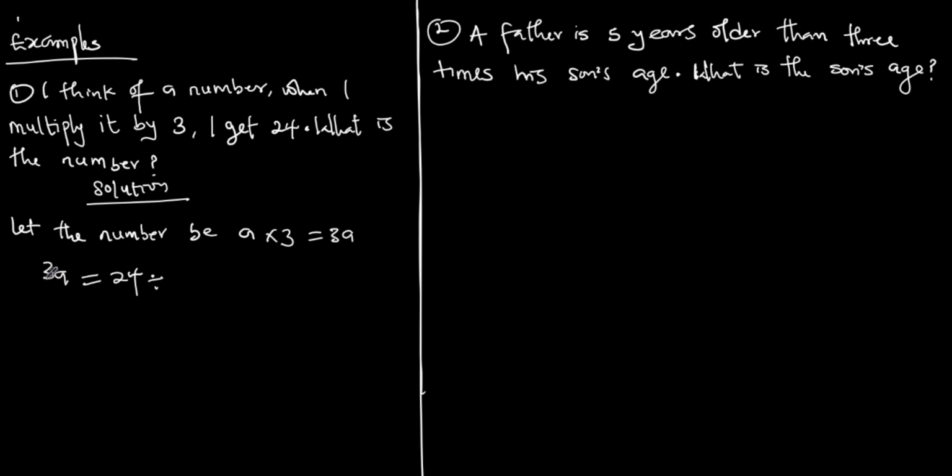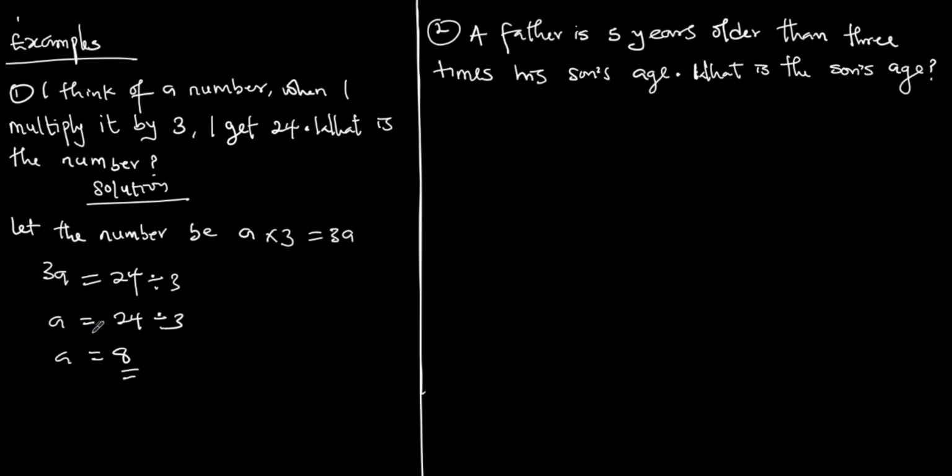The same thing, if multiplication crosses the equal to sign, it becomes division. So 3 multiplied now becomes divided by 3. So that my A will now equal 24 divided by 3. And 24 divided by 3, that is 8. So my A equals 8.